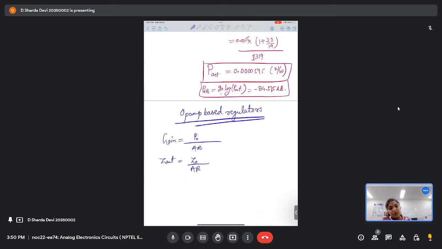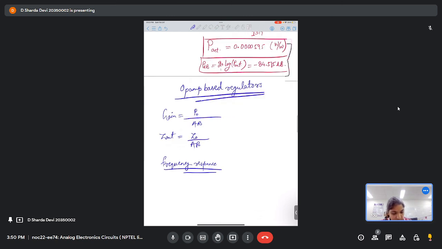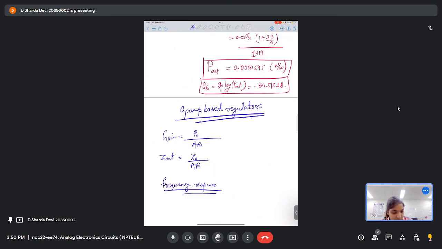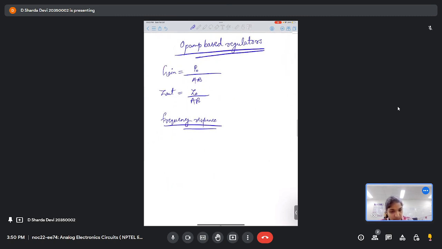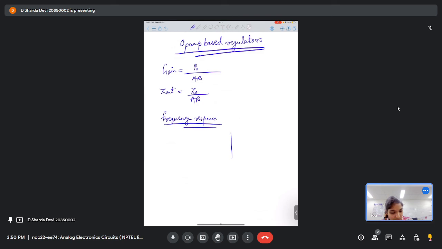So now if we look at the frequency response of an op-amp, how does it look? The frequency response of an op-amp looks somewhat like this, right?